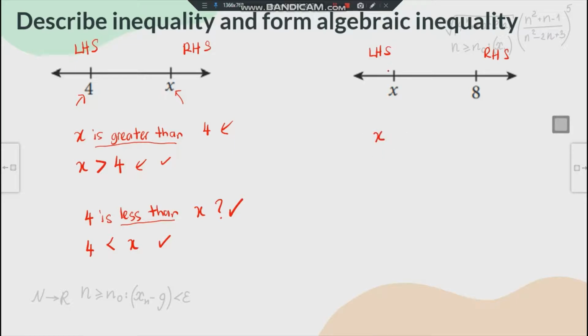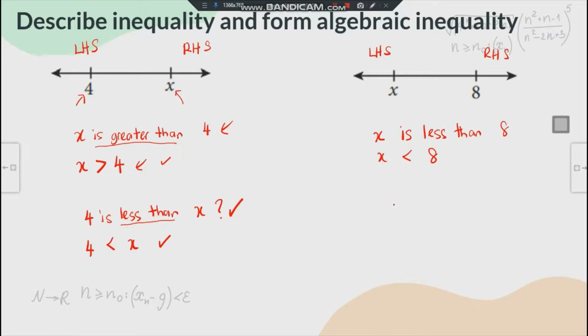So x is on your left hand side, so x is less than 8. That is how you write down your inequality when you are comparing a variable, which is x, with a number.